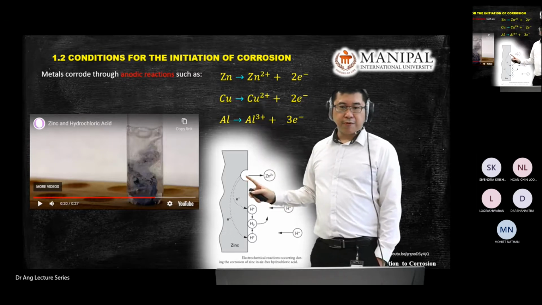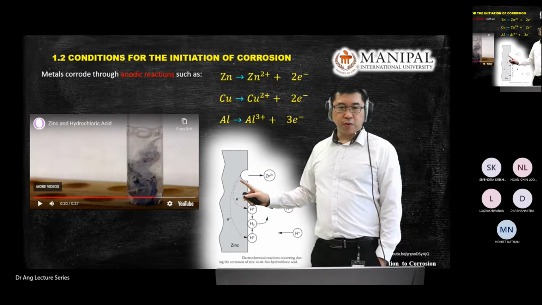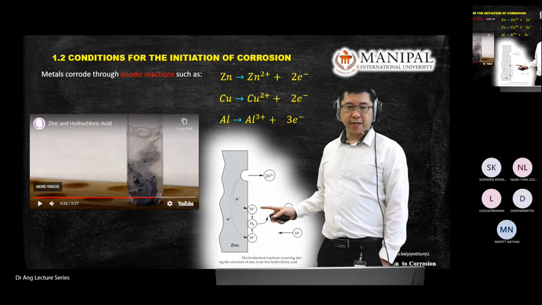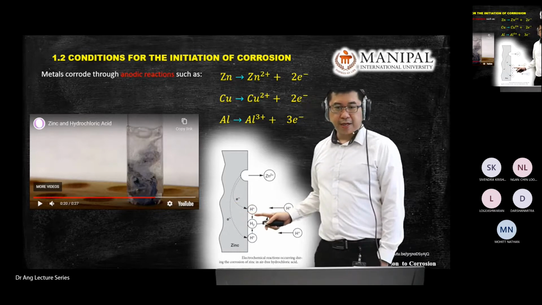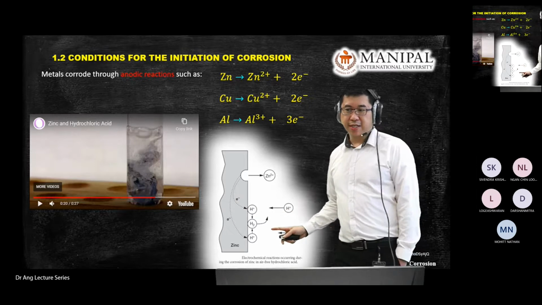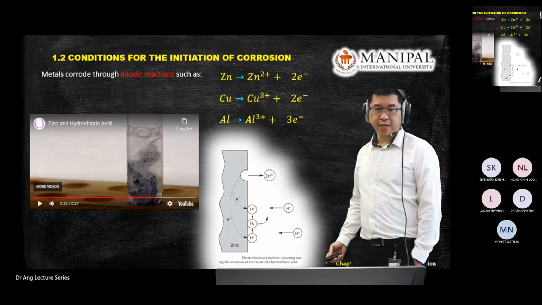If you focus on this area, the zinc at this area will become charged, and it will throw away electron, or contribute electron to the surface, because the electron will move the shortest distance to grab another element. So in this case, you can see it is going to grab hydrogen, and you'll get hydrogen. Okay, so this is the schematic diagram for zinc.